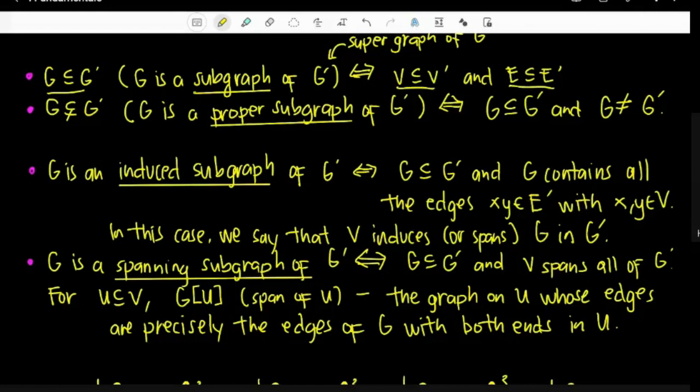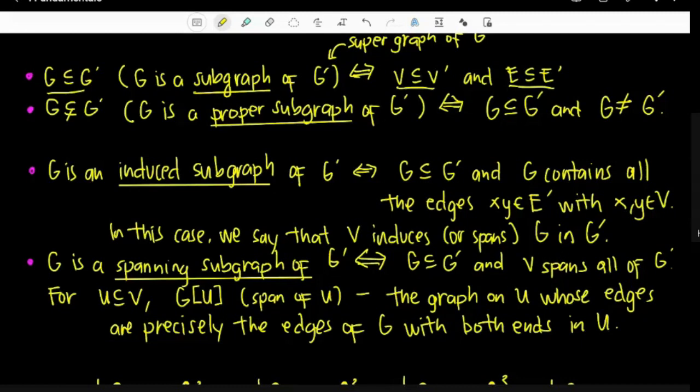G contains lahat ng edges ng E prime. So, E prime yung mas malaking graph. So, lahat ng edges ni E prime, basta't ang xy ay vertices sa mas maliit na graph. Alright? So, pag nakakita ka ng dalawang vertex sa G, kung may edge doon sa mas malaking graph, dapat edge din yon ng mas maliit na graph.